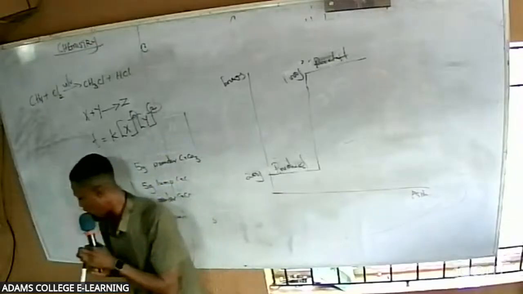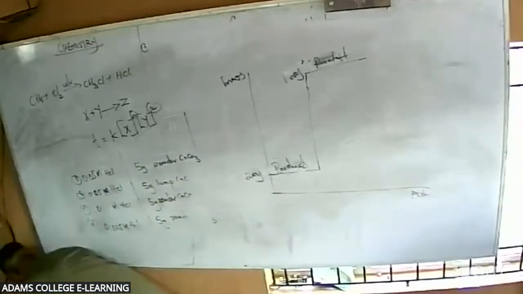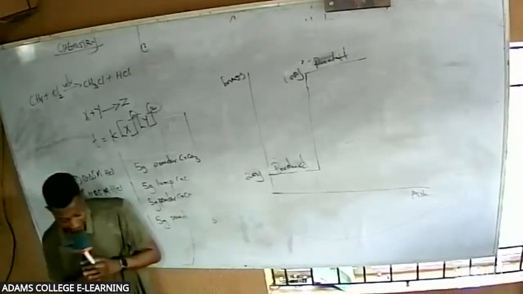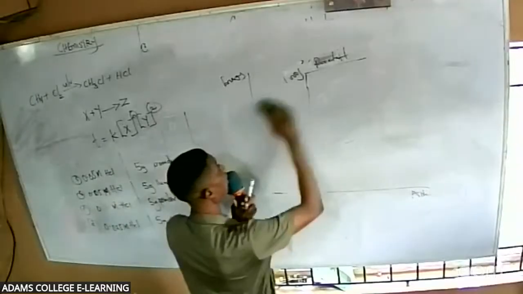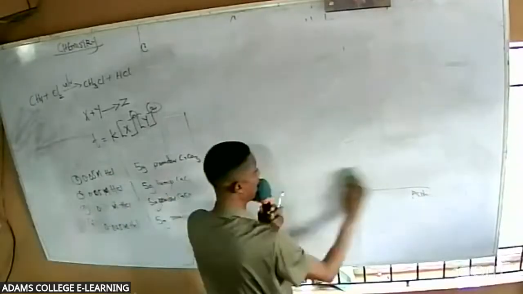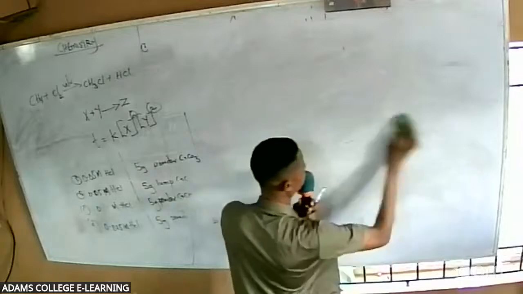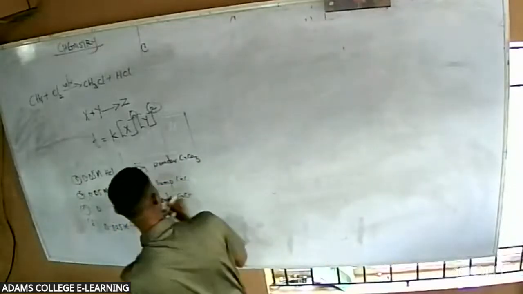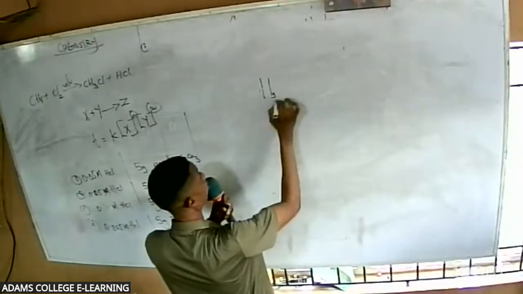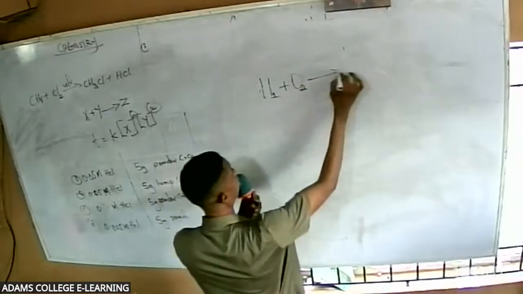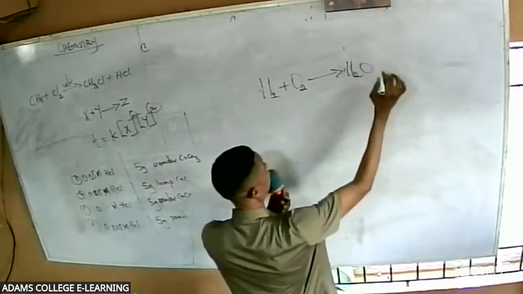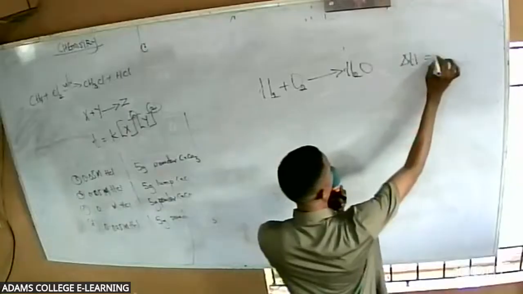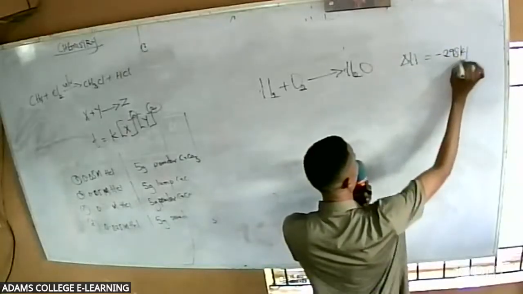So, in the combustion of hydrogen, as shown below, write the equation: H2 plus O2 to give H2O, with change in enthalpy of minus 298 kilojoules per mole.